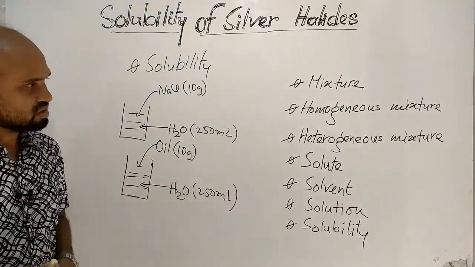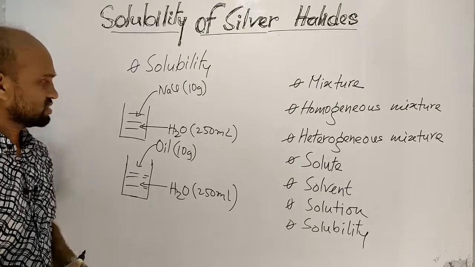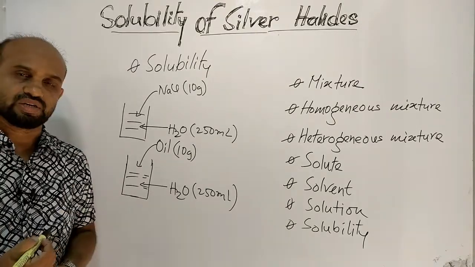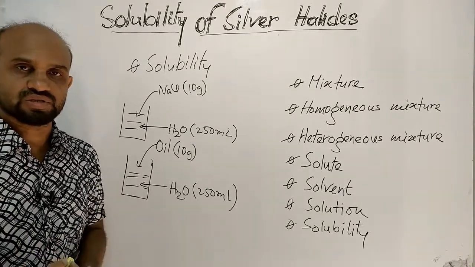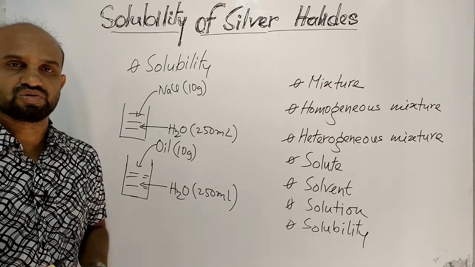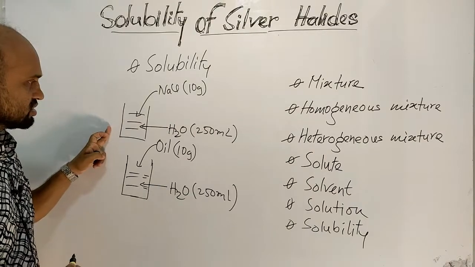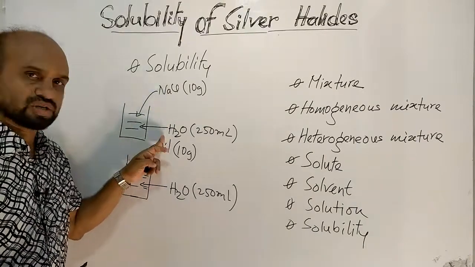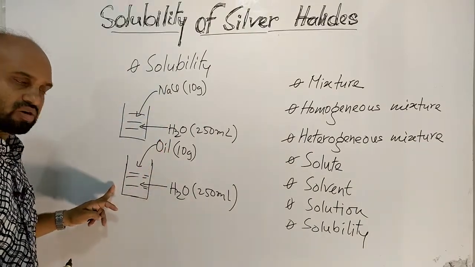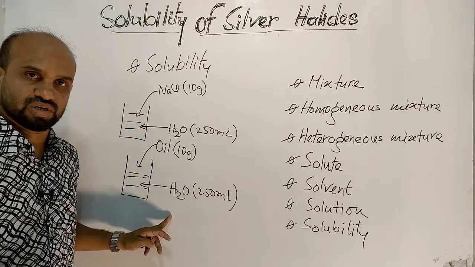Now let's see, first of all, mixture. Mixture is defined as the substance made by mixing two or more substances. So this is a mixture of salt and water. This is a mixture of oil and water.